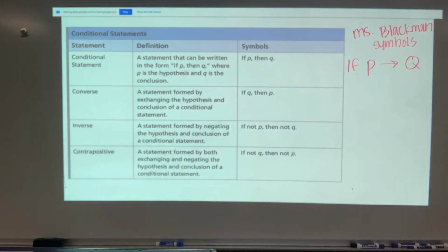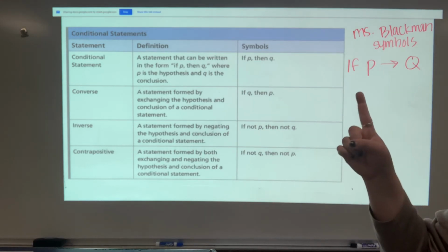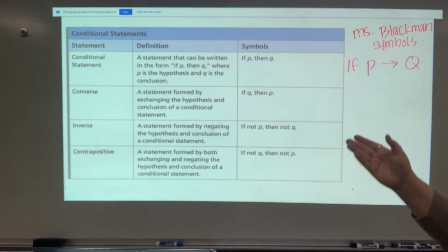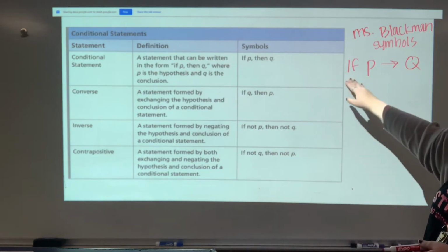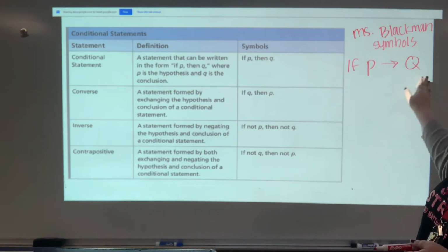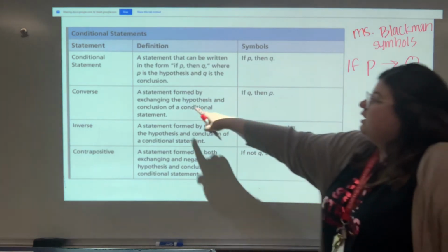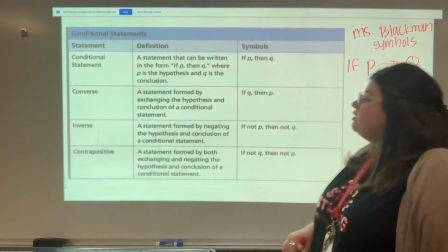The converse of this conditional statement would switch your hypothesis and your conclusion. So again, here is our conditional statement. If you studied your notes, then you passed the test. The converse would say, exchange your hypothesis and your conclusion.